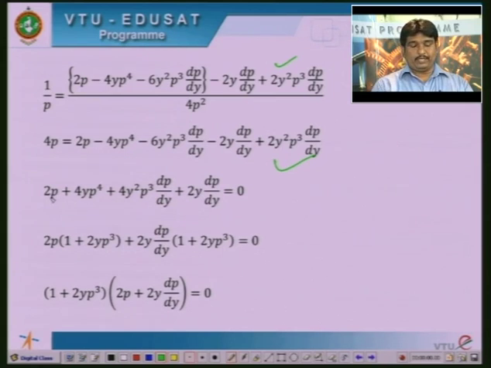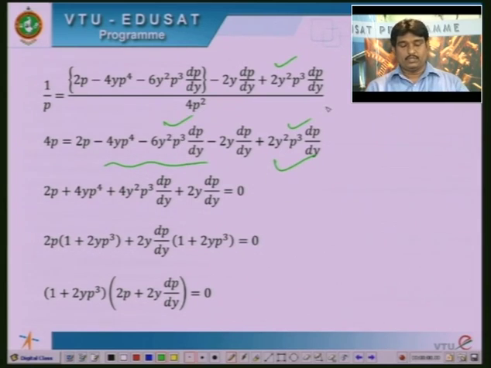Take 2p to LHS: 4p minus 2p is 2p, and take all these terms to LHS. To get 2p plus 4y p to the power of 4 plus 4y square p cube into dp by dy, which is a combination of these two, plus 2y into dp by dy equals 0. You can see I will group the dp by dy terms now.